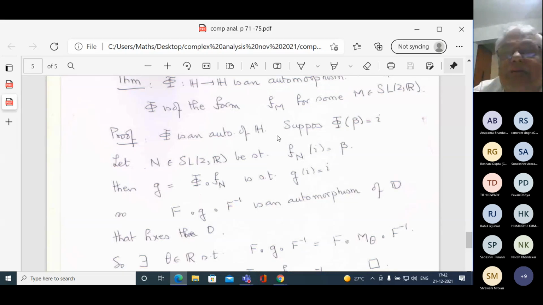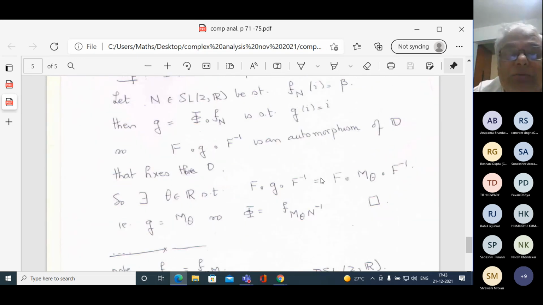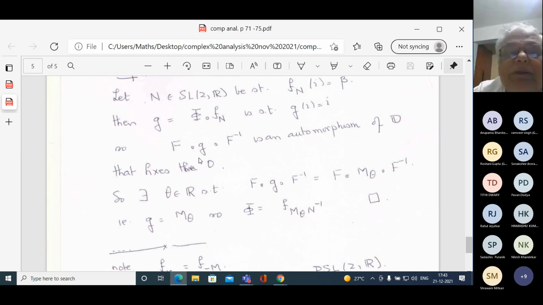Suppose φ is an automorphism and φ(β) is equal to i. Let n be the map such that f_n(i) is equal to β. Therefore G, which is φ composed with f_n, maps i to i, since f_n(i) is β and φ(β) is i.